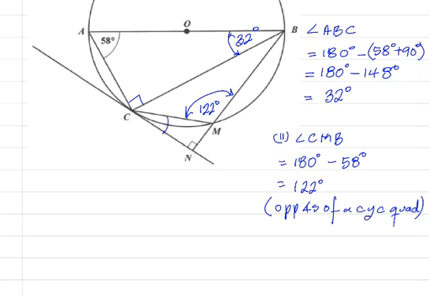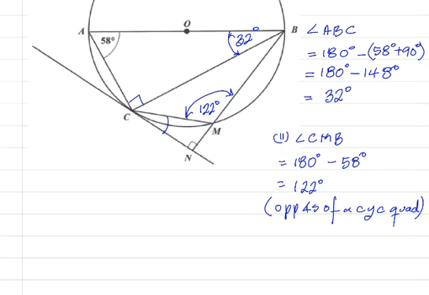The easiest way to find that is to look at this triangle here, triangle NCM, and the exterior angle, which is 122 degrees.